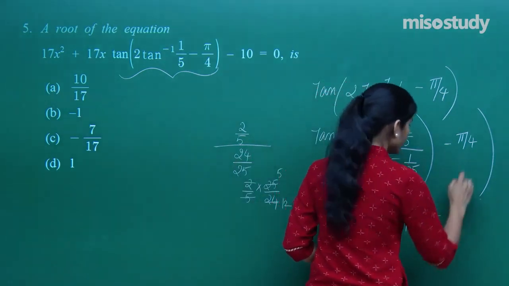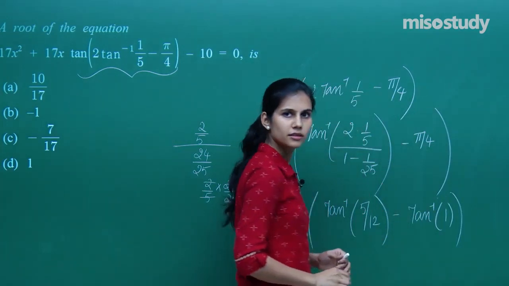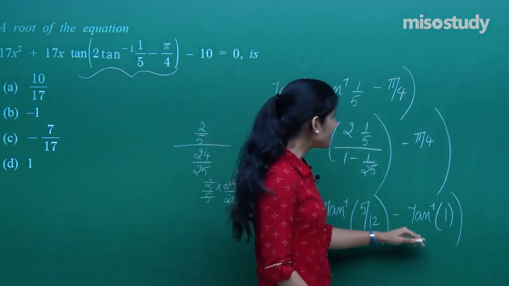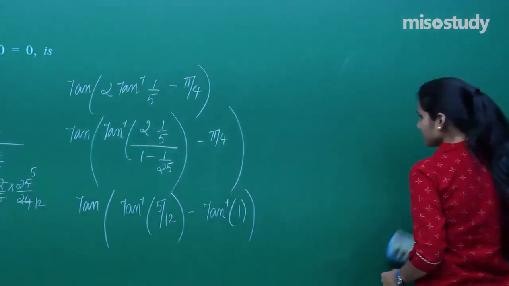Right? And pi by 4 I can write as tan inverse 1. So now you have tan inverse A minus tan inverse B, which is what? What is tan inverse A minus tan inverse B?